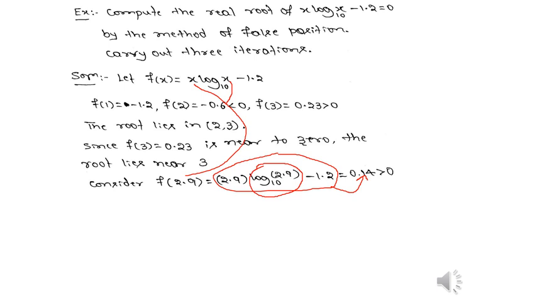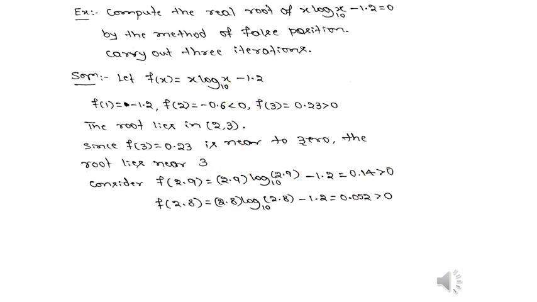So what we got? F of 2.9 is positive. But here f of 3 is also positive. So we cannot say our root lies between 2.9 and 3, because we got same sign. Let us go for one more value, 2.8 now. F of 2.8 will also be positive and its previous value is also positive. So we cannot say the root lies between 2.9 and 2.8.